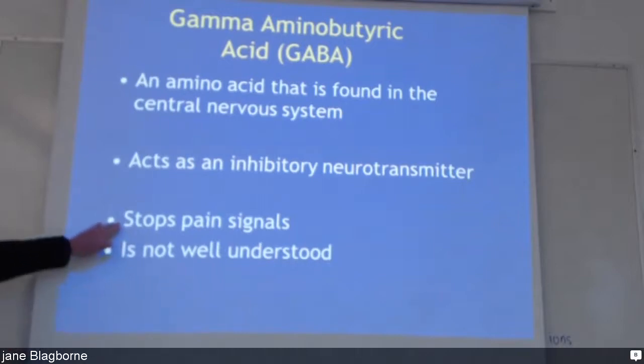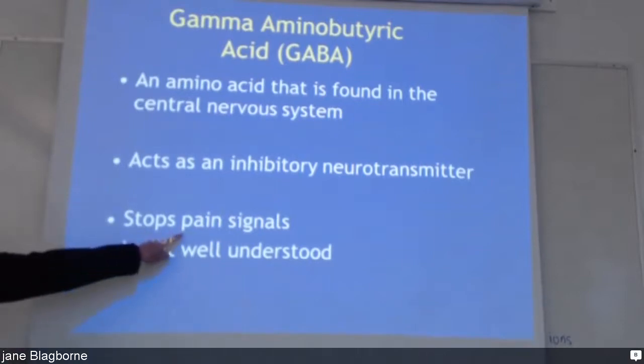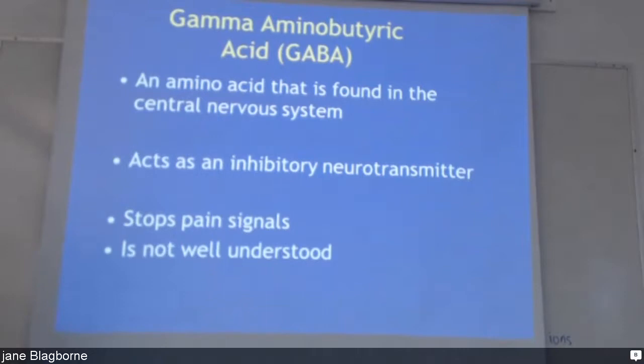So it has the property of stopping pain signals, and it's not sure how. You'll hear about it again as you go on in your nursing course with people who have phantom pain in limbs that are cut off. They use gabapentin quite a bit for that, to stop the discomfort.